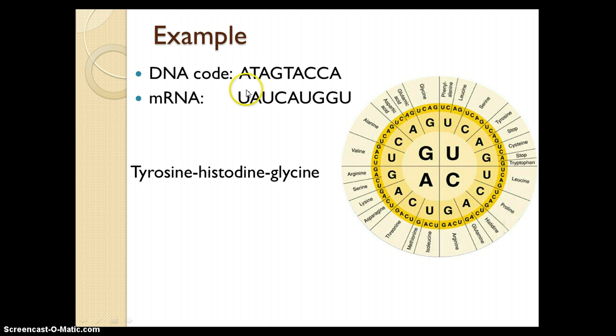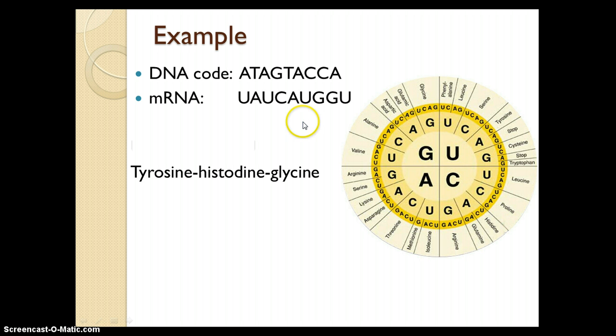So A's bind to U's, T's bind to A's, G's bind to C's, and C's bind to G's. So it's the same idea as DNA when you're doing a complementary strand of DNA, except wherever you're tempted in mRNA to make a T, you're actually going to just change that to a U. So A binds to U in mRNA, and T binds to A.